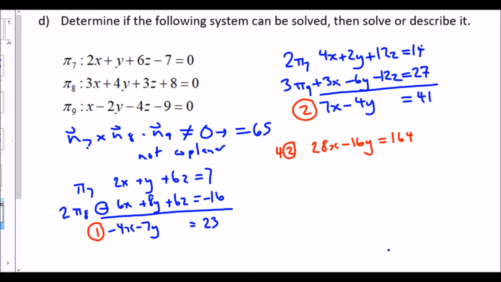It better be, or else I'm in trouble. And here we go. I'm going to multiply 7 times equation 1. So I'm going to get negative 28x, negative 49y is equal to, need my calculator for this one, 7 times 23, I should know this. This gives me 161.